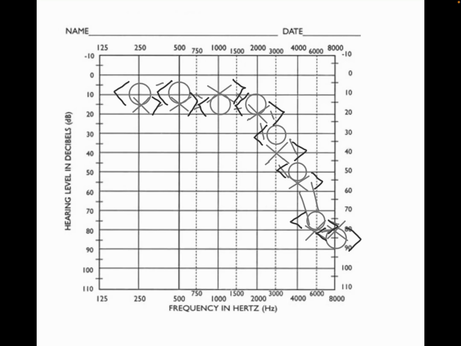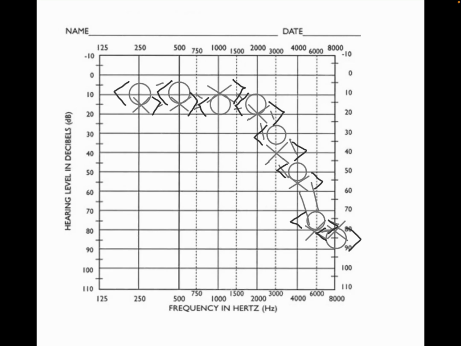And so we know that it is a bilateral symmetrical sensorineural hearing loss because of all of these symbols and how they're grouped together. So both of your ears are experiencing the same loss, and they're following the same pattern, which is sloping. There's a really steep drop off towards those higher frequencies.